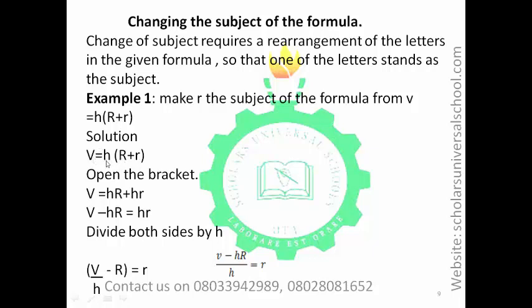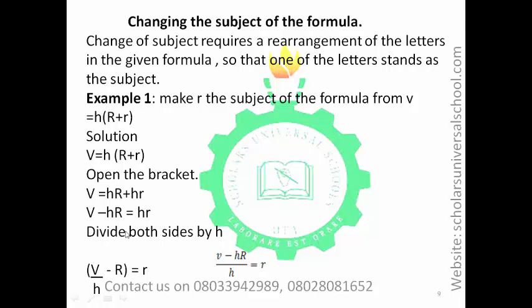So here we will need to open this bracket. h times R, which is the capital R, we have hR, and h times small r, we have h small r. Now let's take hR capital to the other side. This is plus here, it will change to negative. So we have V minus hR is equal to h small r.